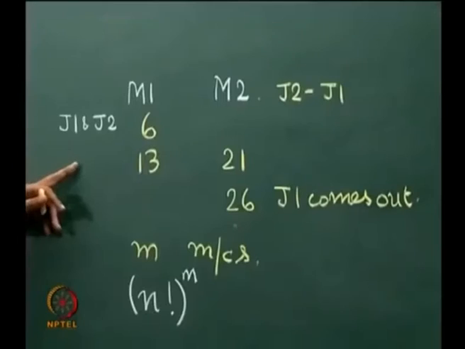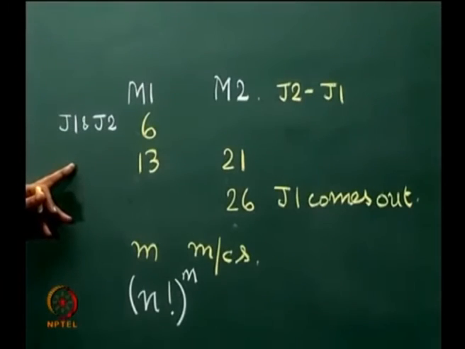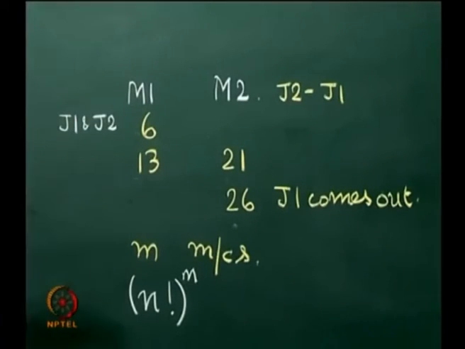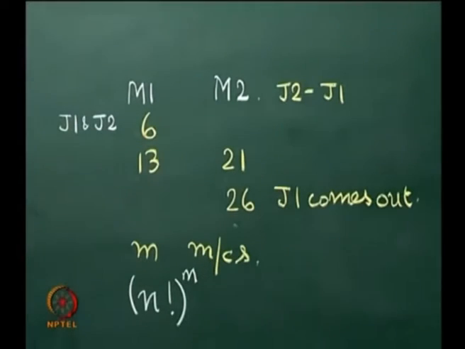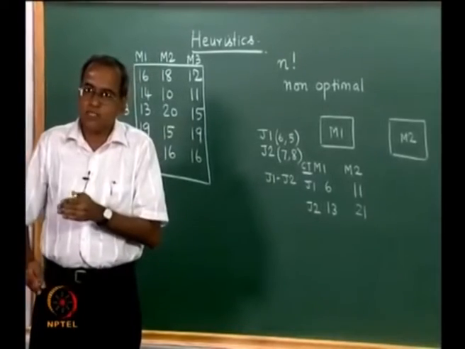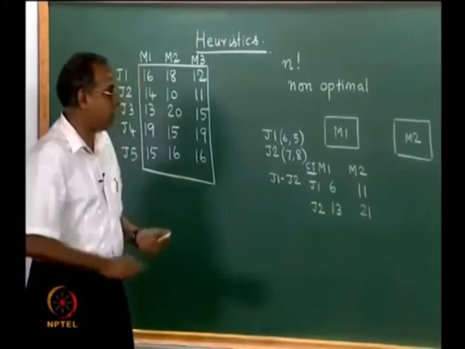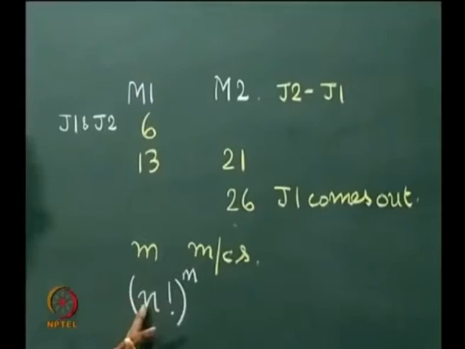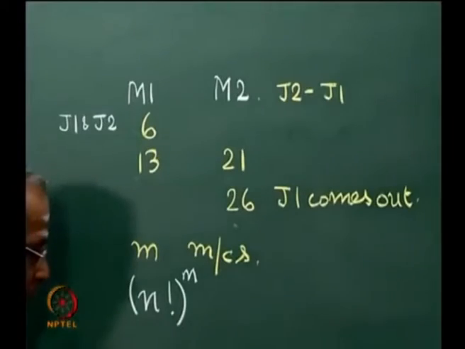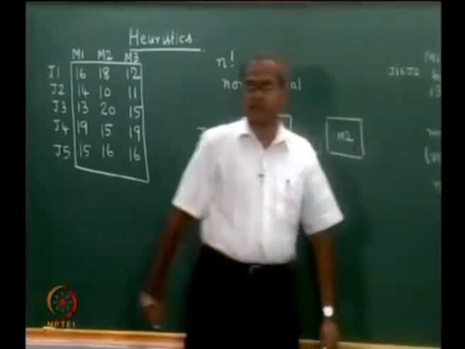This is a situation where the sequence of jobs is different on different machines, even in a flow shop. So it is advantageous to model it in such a manner that the sequence of visit is the same on all the machines. Therefore, we do not consider all the n factorial to the power m, instead we consider only n factorial sequences.